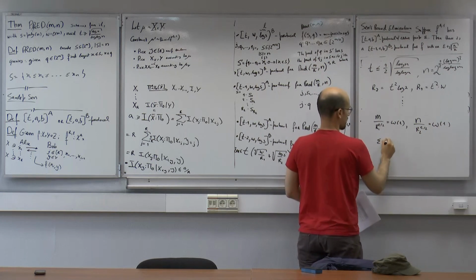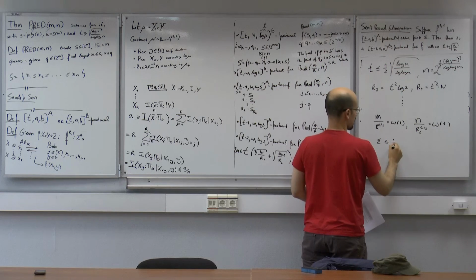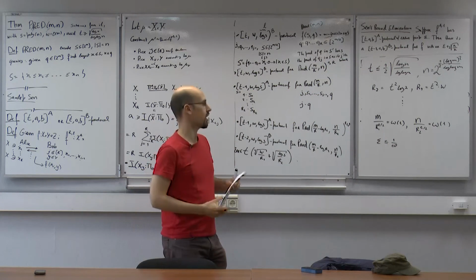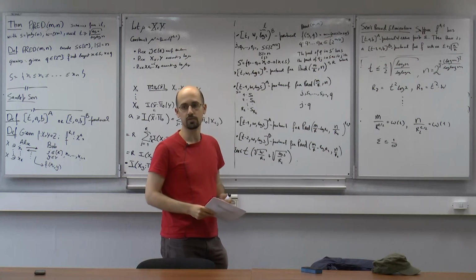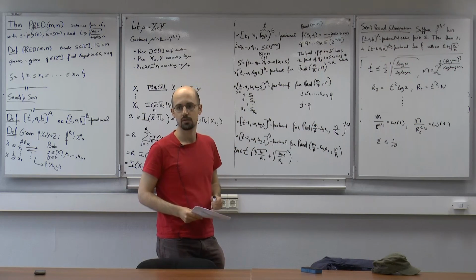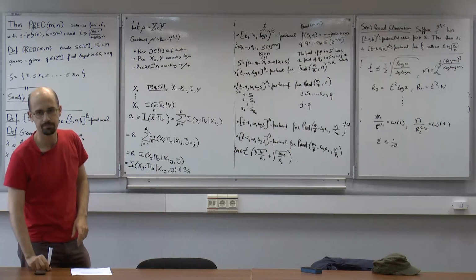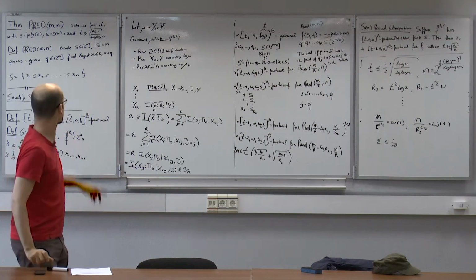However, the error is less than 1/10. And this is a contradiction, because you have a non-trivial problem which you're solving without communication. I could do the calculation, but it works out. And that's how you prove it.